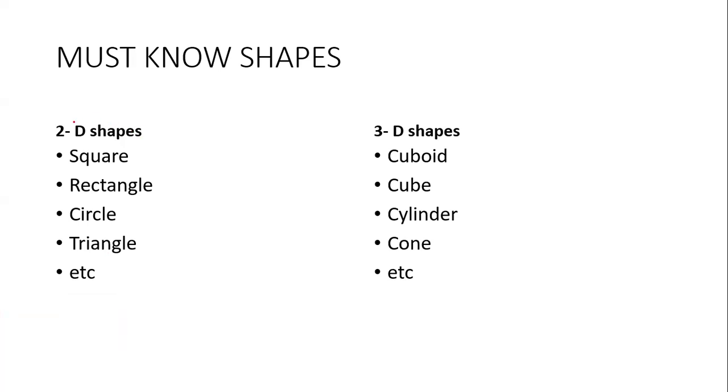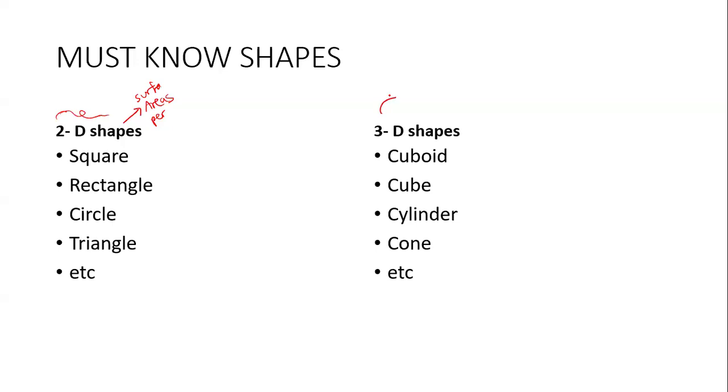When we ask for two-dimension figures, these are the figures whereby you must know how to obtain their areas. For these 2D figures, the main thing they ask is about finding the area, the surface area, and the perimeter.